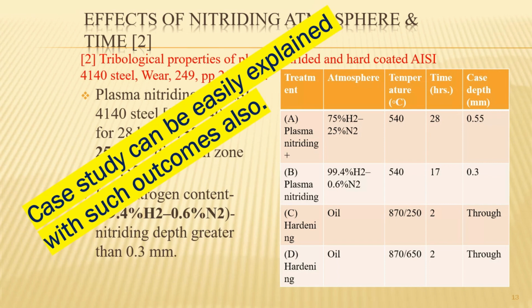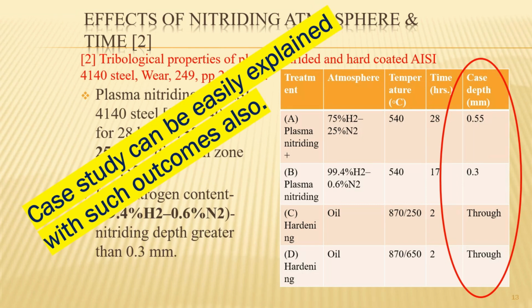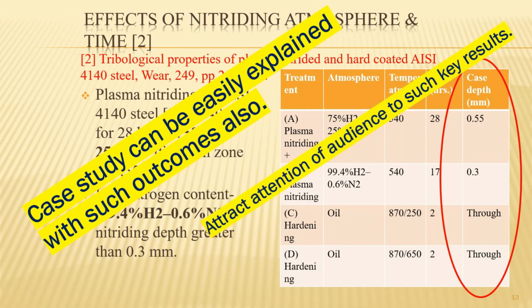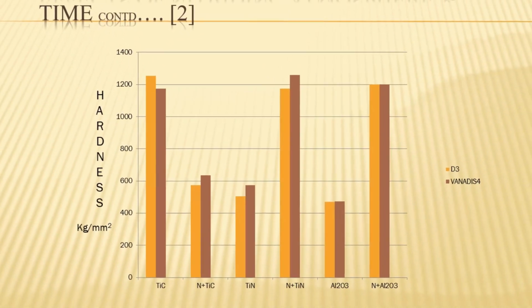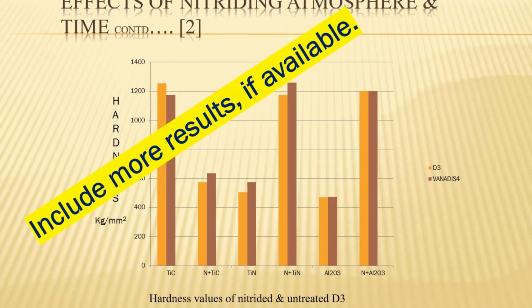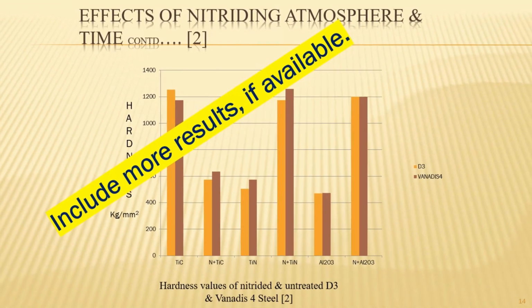So a case study can be easily explained with such outcomes which are presented in the form of a table. And again, here also you can attract attention of the audience to such key results. If there are further results to be shown in the form of a graph, then they can be added if required.